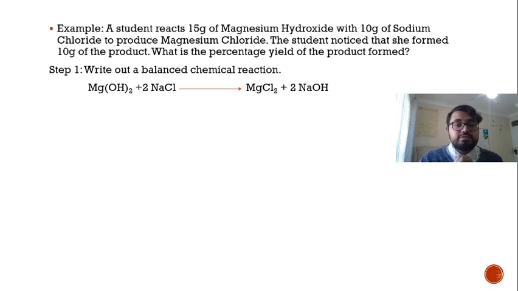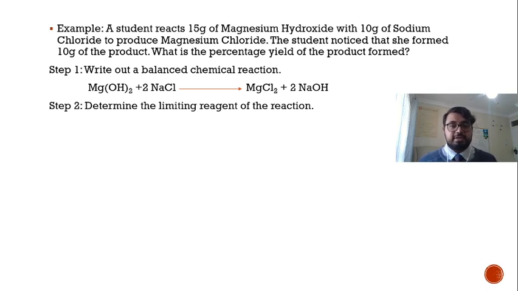The 2 is distributed to the O and the H, which gives us two hydroxides, and we have two sodium atoms on the reagent side and two on the product side, and finally we have two chlorine on the reagent side and we have two chlorine on the product side, which means our reaction is balanced, and now we can proceed. So step 2 would be determining the limiting reagent, which is what we did yesterday.